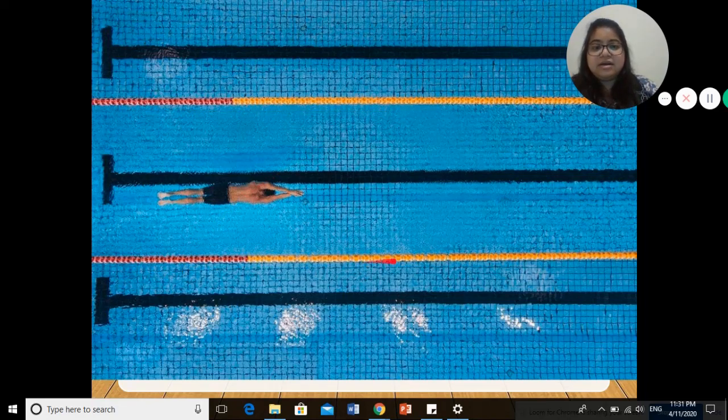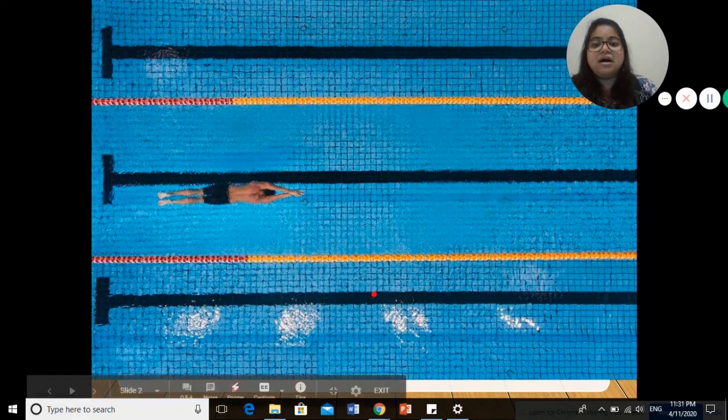They are never going to meet ahead even if I extend this, and they are always the same distance apart, which means this point to this point, if I take my measuring tape and measure, and if I measure this point to this point, these two distances are going to be the same.